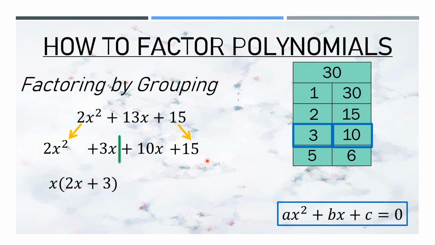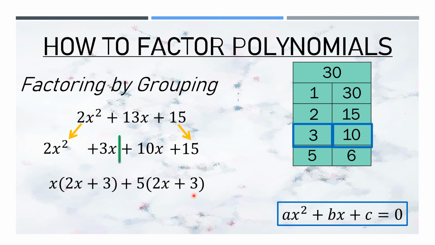Okay, proceed tayo sa pangalawang part. Positive 10x plus 15. The common factor of positive 10x and 15 is 5. Dahil pareho silang kayang i-divide sa 5. So, the factors of this given binomial is positive 5 times the quantity of 2x plus 3.